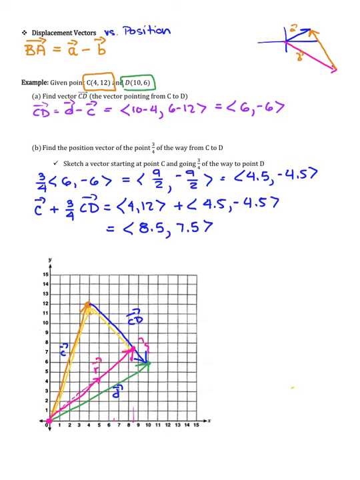So if we labeled this R, that is the position vector that goes 3/4 of the way from vector C to vector D. So let me just walk you through this again. To find a displacement vector, that's just from head to head. If you want the position vector, from the origin, that ends a certain fraction of the way along your displacement vector, it's actually vector addition.